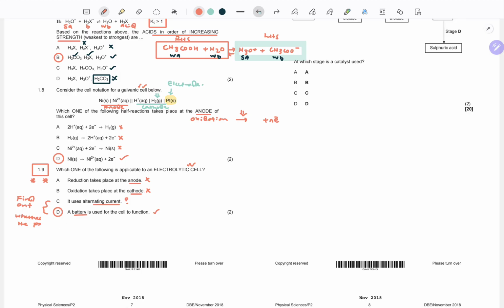Find out whether a specific power source is a necessity.